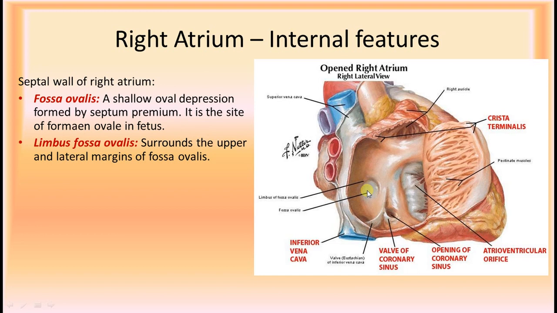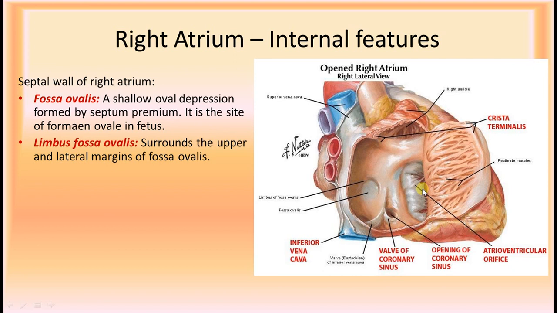Most of the blood from the right atrium is shunted towards the left atrium instead of going to the right ventricle, because the lungs are not functional, so there is no oxygenation of blood in the lungs in the fetal life. That is why most of the blood which is reaching the right atrium is shunted. Shunting means taking a shortcut route, thereby directly diverting the blood for the systemic circulation.